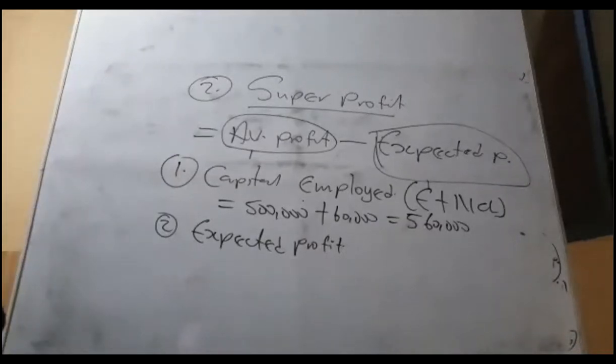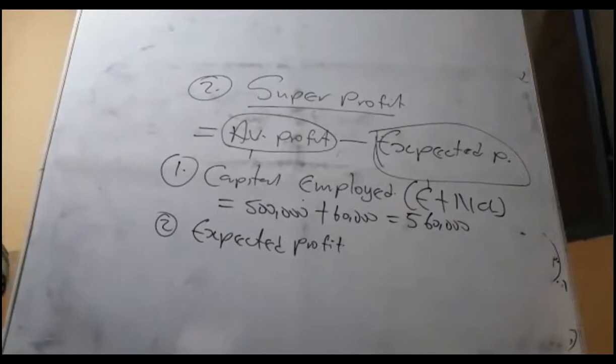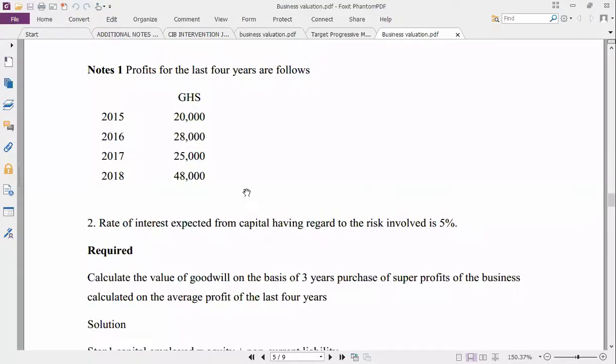So you go to the question, they'll give you a percentage or rate. Sometimes the examiner might calculate this one for you. They said the rate of interest expected from the capital, having regard to the risks involved, is 5%. So their return is 5%.